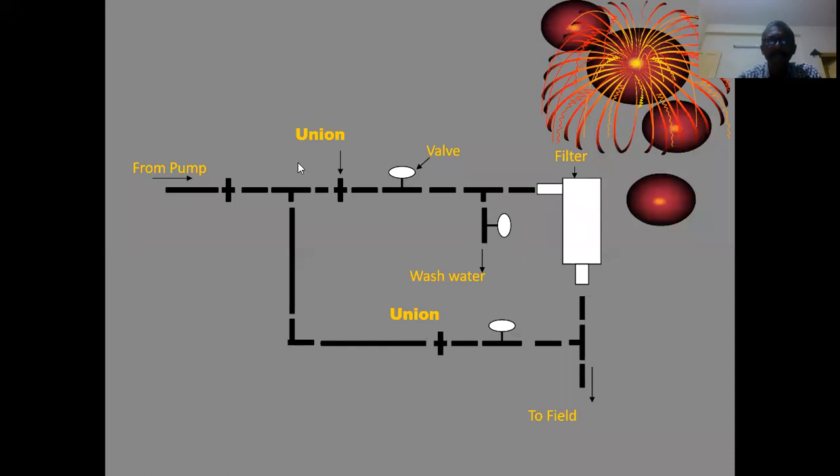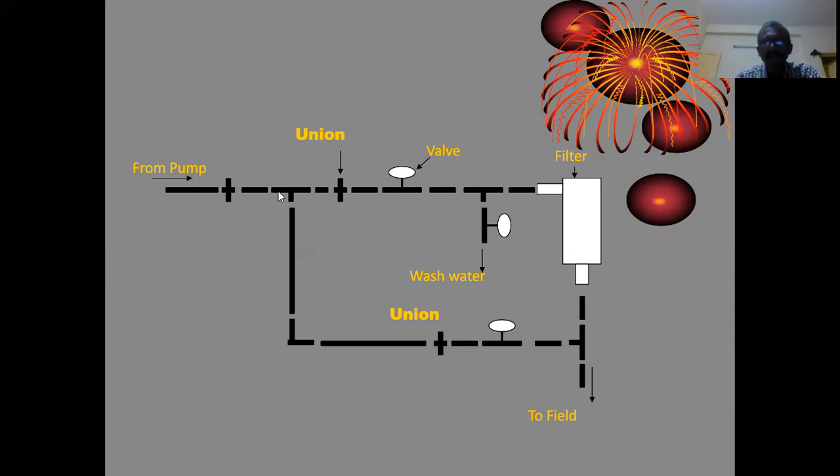See here. This is a filter. The filter is connected from the delivery of a pump. For connecting a filter with a backwash facility, how many components are needed? You see here.